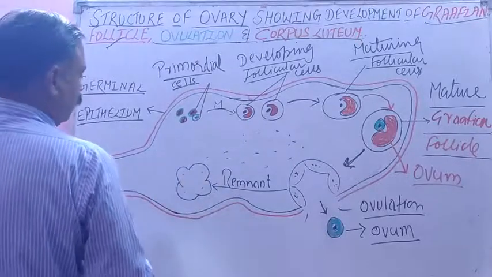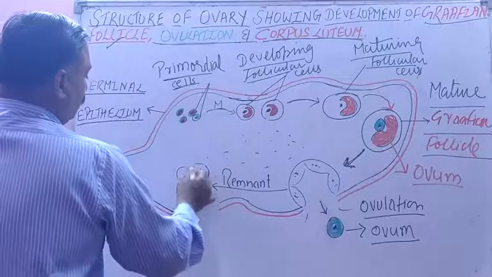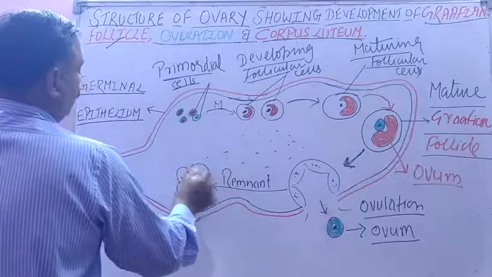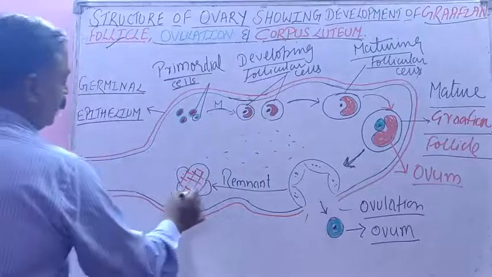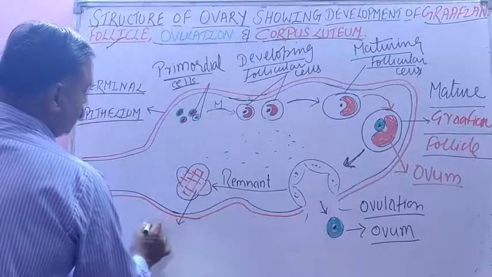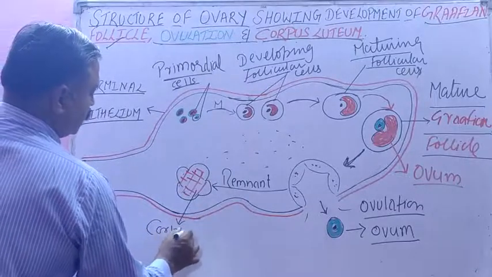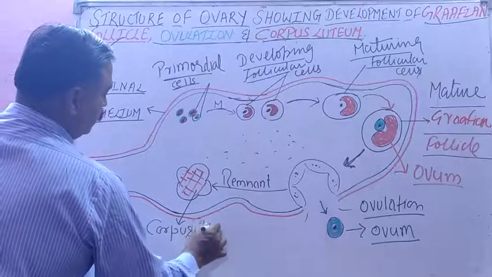Corpus means body, and luteum means yellow, so yellow body, that is corpus luteum.